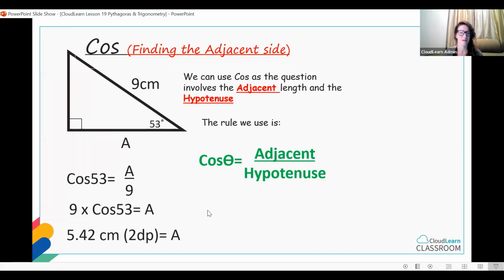Popping that in your calculator, 9 times cosine of 53 is 5.4163. So rounding that to 2 decimal places is 5.42 centimeters. Generally in the exam, you should round your answer to 3 significant figures unless you're told otherwise. That's just a general rule for all exams. So that was finding the adjacent side.